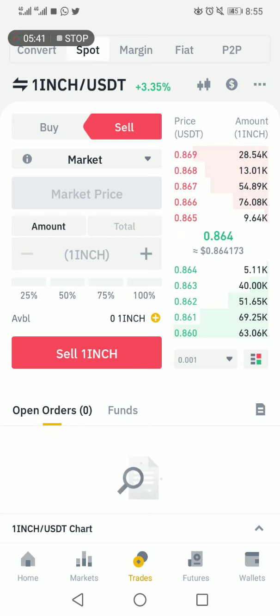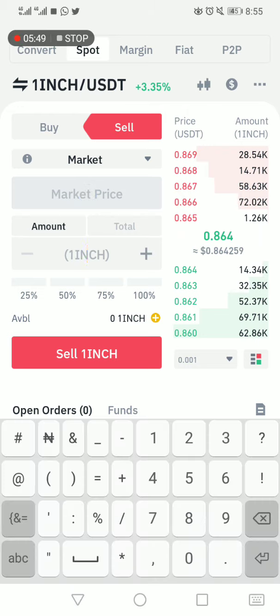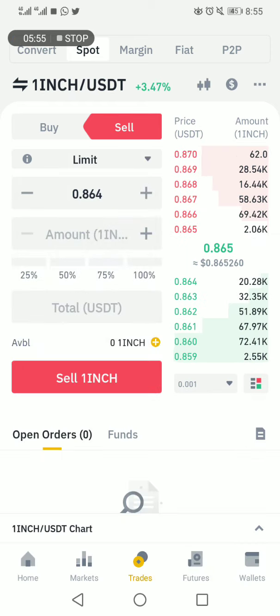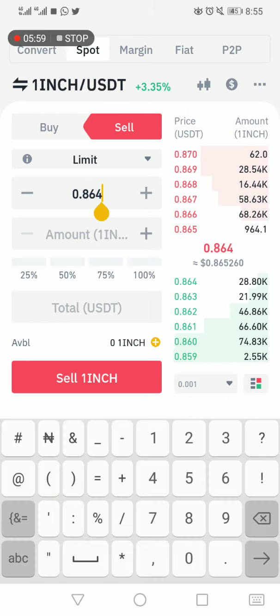Okay, when you click sell, you now put that price here. You change it to limit. Now you're on the sell phase, not buy.